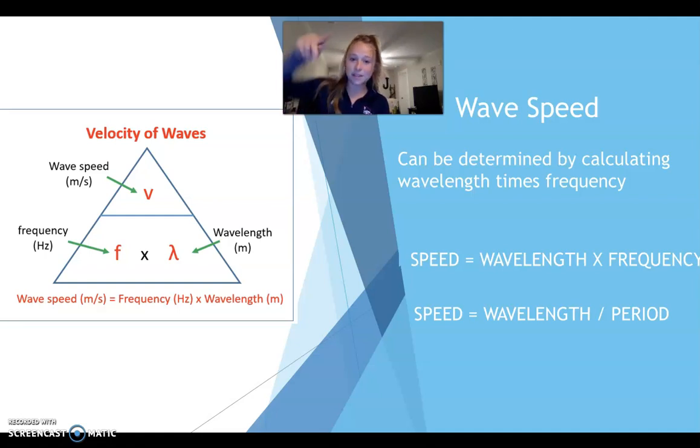Wavelength is going to be the upside down y, and then frequency is going to be hertz. For this, wavelength is going to be in meters, but you can also have it in centimeters or kilometers. Any of those will work. So if I give you a problem in centimeters, just keep it in centimeters. If I give you a problem in meters, keep it in meters. If I give it to you in kilometers, keep it in kilometers.